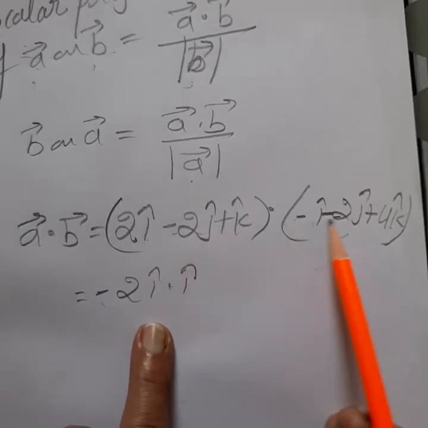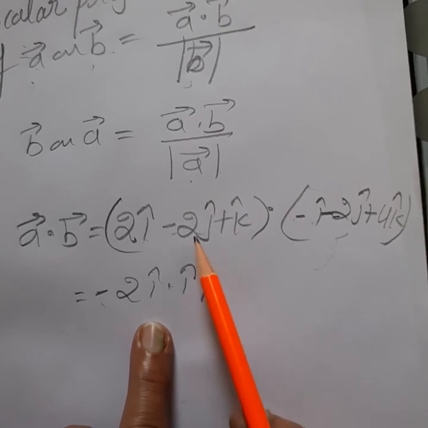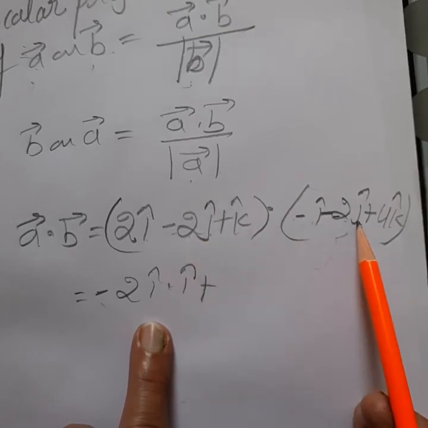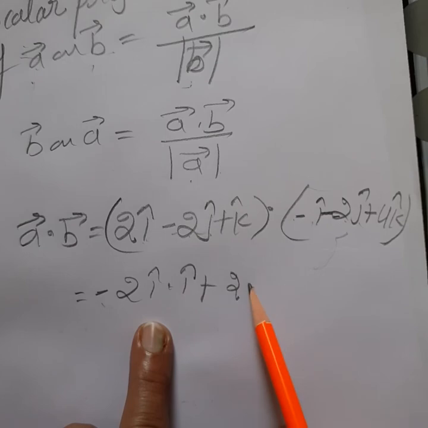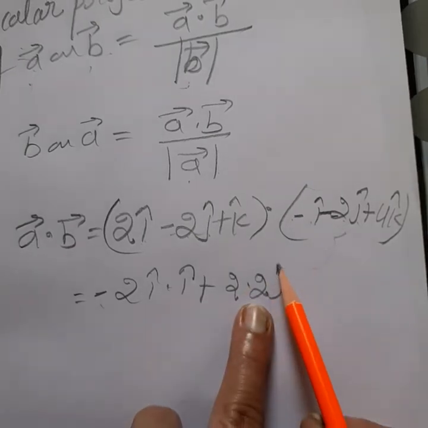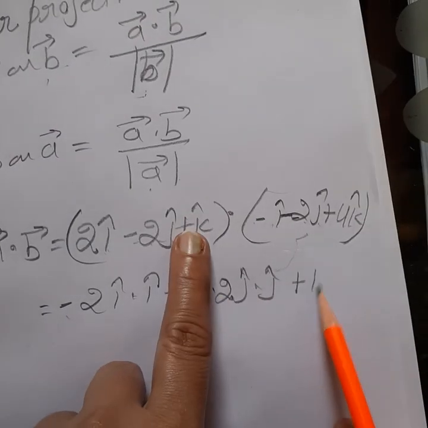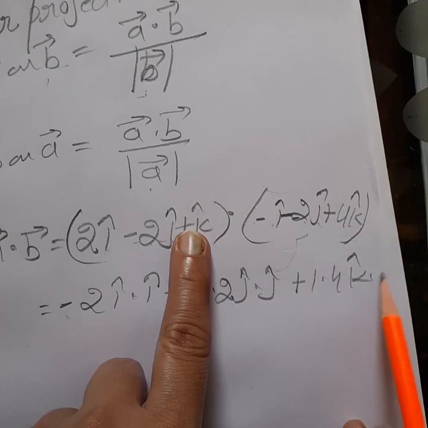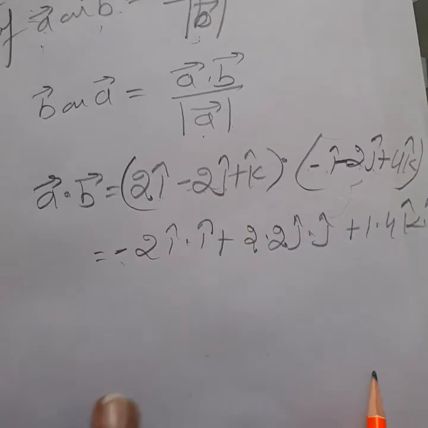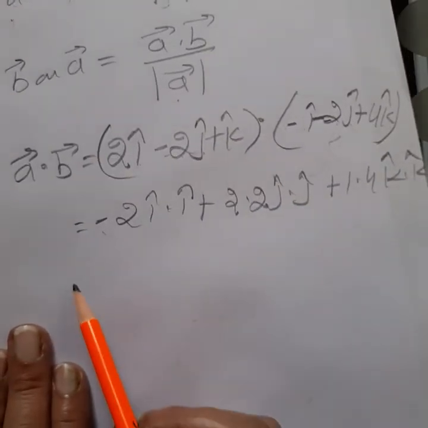And after that, minus and minus is plus, and we multiply 2j with 2j. 2 twos are 4, so we write here j into j, plus 1 into 4, and we write here k into k.